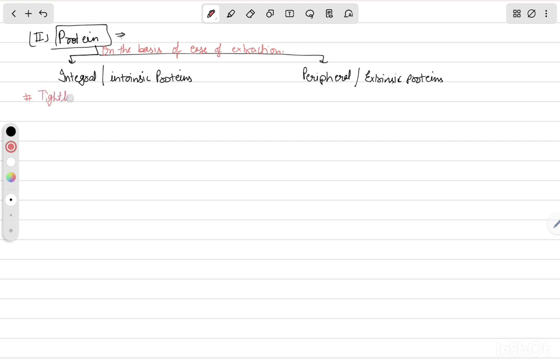Now, integral protein means which is tightly bound with phospholipid. It is very difficult to extract the integral protein. It is either partially buried or completely buried in the membrane.